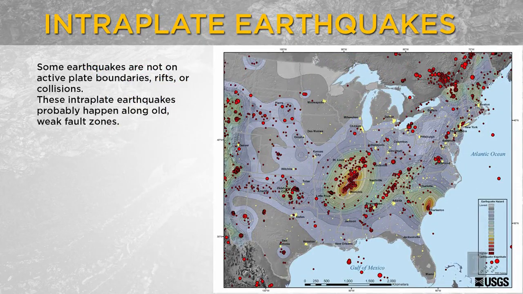We're looking at a map of the eastern two-thirds of the United States. Remember that this region is in the interior of the North American plate. The eastern plate boundary, the mid-Atlantic ridge, is way off the map in the middle of the Atlantic Ocean. The western plate boundary, the San Andreas Fault and the Cascade volcanic chain, is off to the west along the west coast of North America.